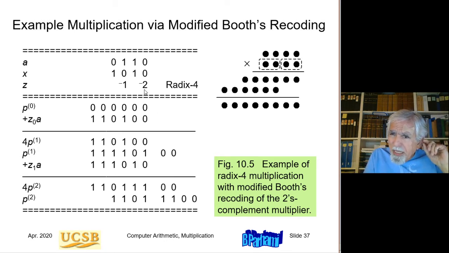So the rest is simple. I have to take -2 and multiply it by a. So this is P0 initialized to 0. -2 times a is 2 times a complemented, which gives you this number. Add. See, I got a negative number here.